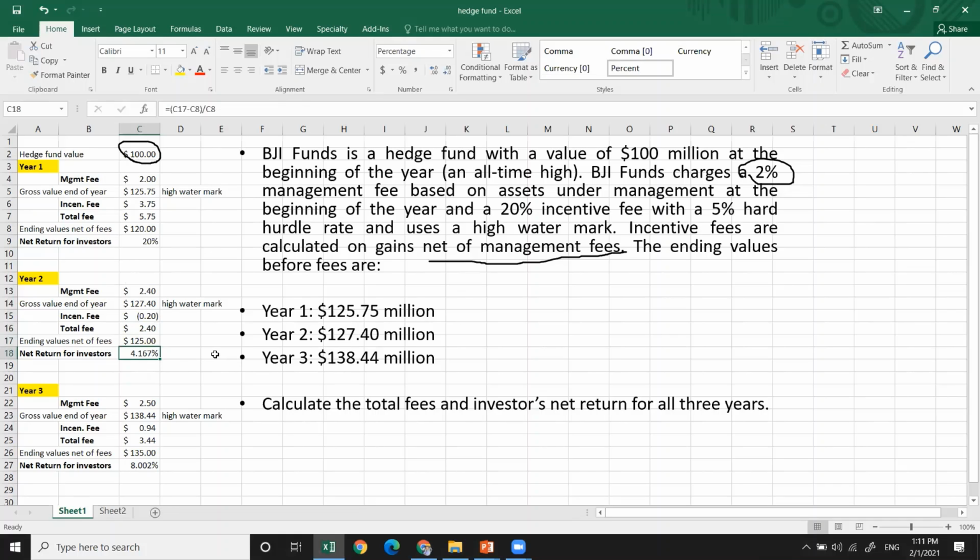This is what we have come up with in this calculation of the incentive fees. Then we calculate with the third value. As we can see, the incentive fee was 94 and total fees 3.44, and the net return for the investor was 8%. But we said the best year for the investors as well as for the hedge fund managers was the first year, and the worst year was the second year, as we can see from the numbers.